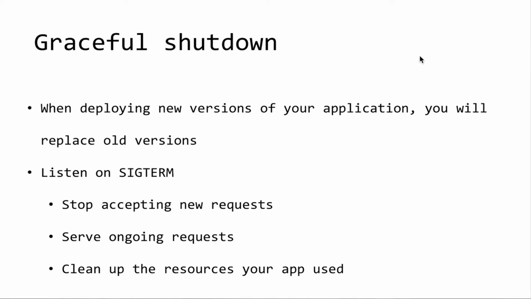So your application in this case should listen on SIGTERM, or basically this unique signal which the process manager uses to tell the process that it will be shut down. And in this case, your application should stop accepting new requests, but still finish the ones that are ongoing. And after that, just clean up the resources it uses. So it can be file descriptors, it can be database connections, basically any resource that your application is using.